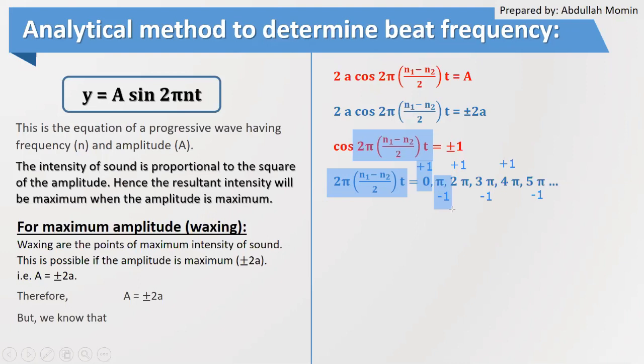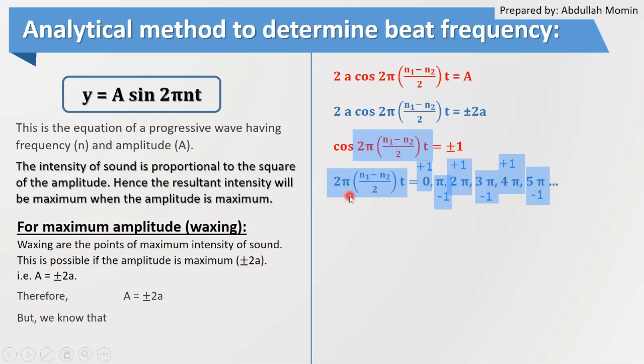Cos π is minus 1, cos 2π is plus 1, cos 3π is minus 1, cos 4π is plus 1, cos 5π is minus 1. So these are the possible values of this bracket. When this term, (2π(n1 − n2))/2 × t, is equal to 0, that means cos 0, that means plus 1.